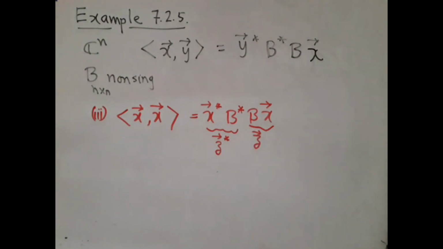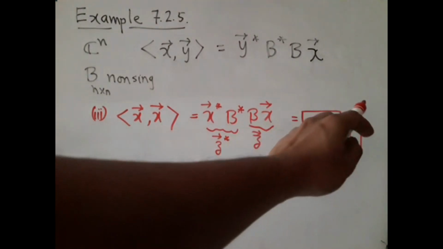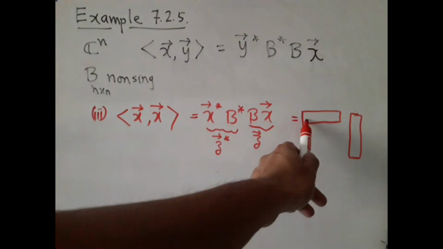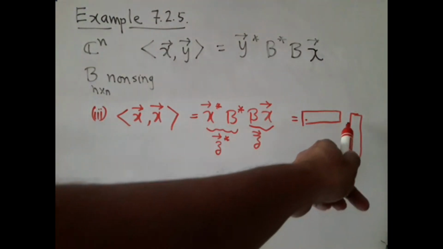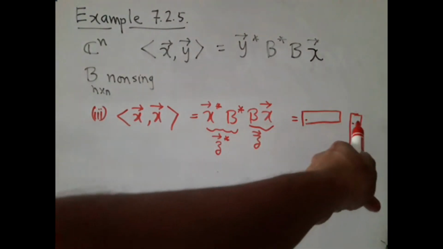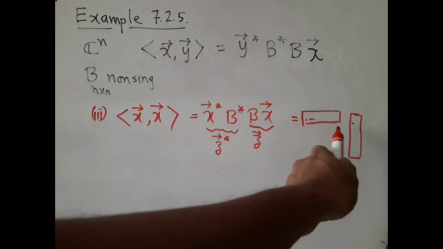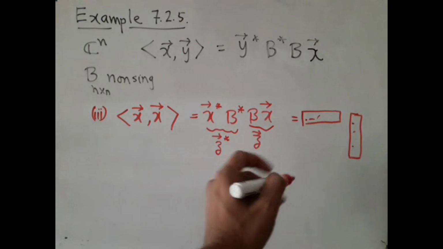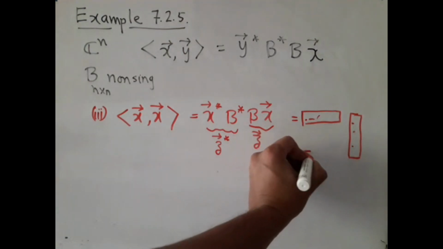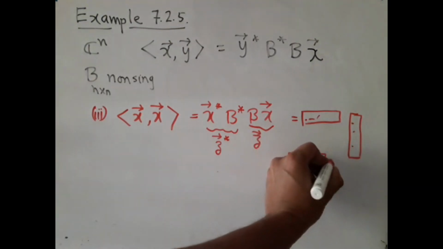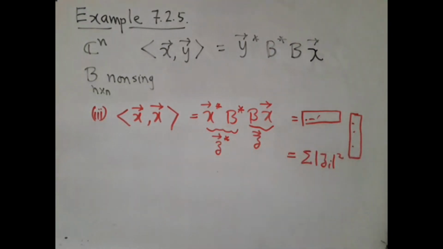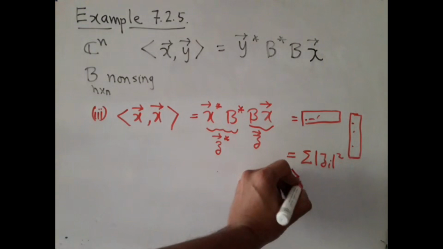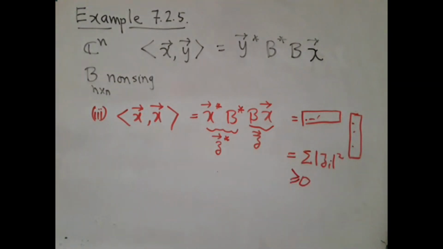Thus I can write this thing as a row vector times a column vector. I have z1 bar here and z1 here. They get multiplied. Then z2 bar with z2, z3 bar with z3, and all in all I get the summation of mod zi square, which, being a sum of certain moduli, must be greater than or equal to 0 as required.